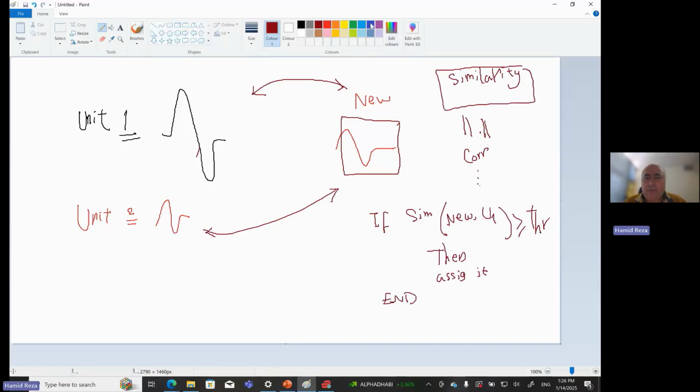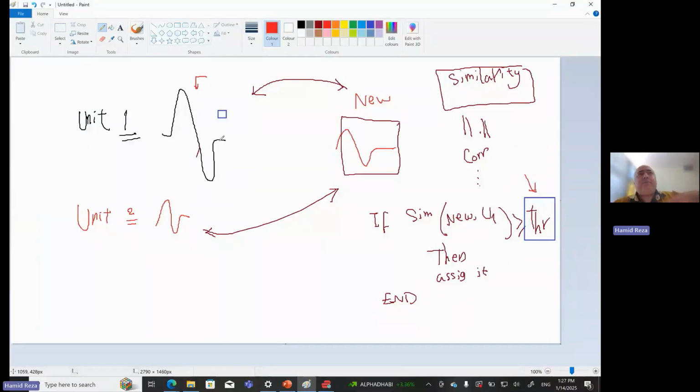So this is the problem. I would call it a problem. Why? Because we cannot use a fixed threshold. If the threshold is low, then for those units that have high amplitude, it doesn't work. So if we make it a low threshold, then nothing can be merged with this one, since the amplitude is high.